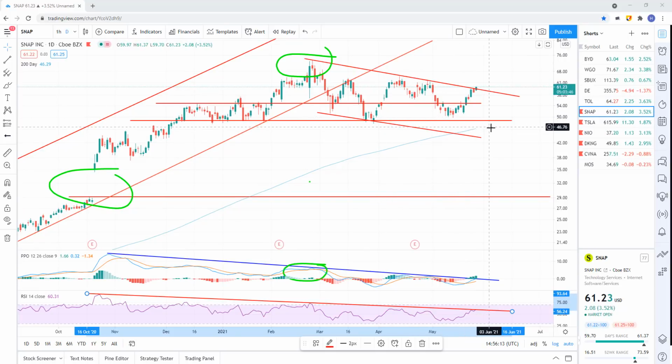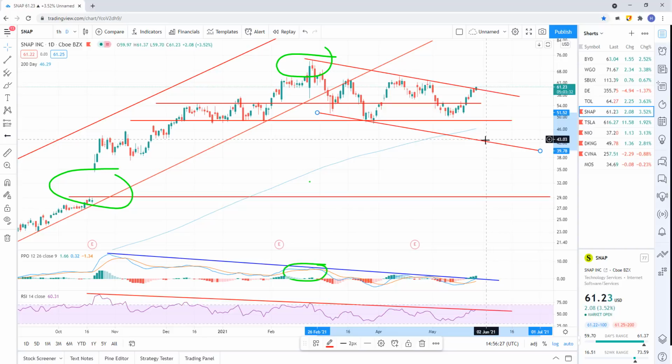If this is going to sell off in this area, I suspect we're going to head straight down to that 200, probably undercut it and head down to about 43, 44 or so, which would be this lower trend line right down here. I suspect we're going to roll over and run down and hit the bottom of that.